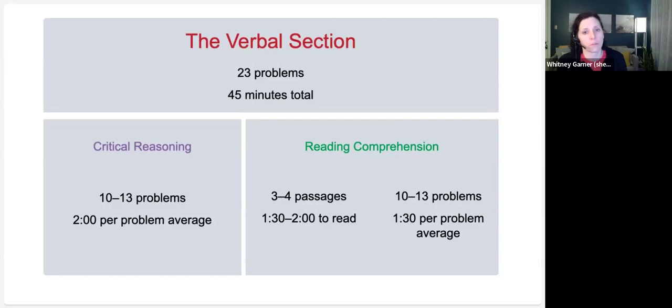Now, I've said this in all of the previous lessons, but I think it honestly bears repeating. What I like to think about these 2 things is that reading comprehension is testing whether we're good researchers.